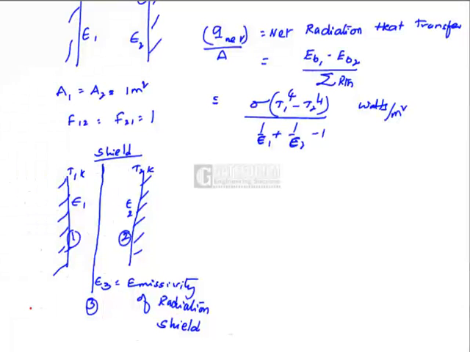The radiation heat transfer between 1 and 2 will have totally 6 resistances between the two surfaces, out of which 4 are surface resistances and 2 are space resistances. Now the radiation network for this heat exchange with shield has got 6 resistances.